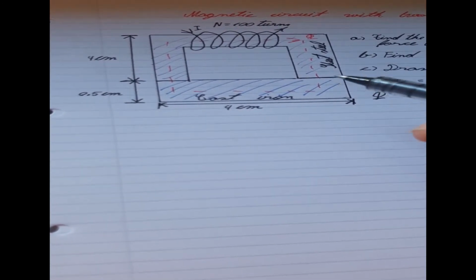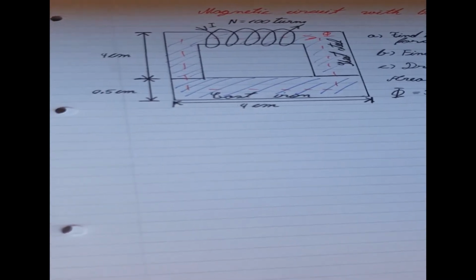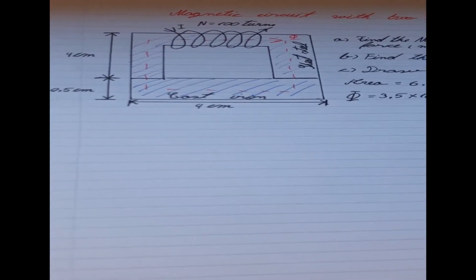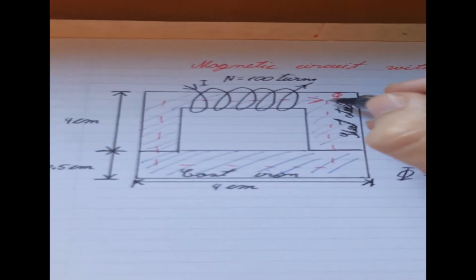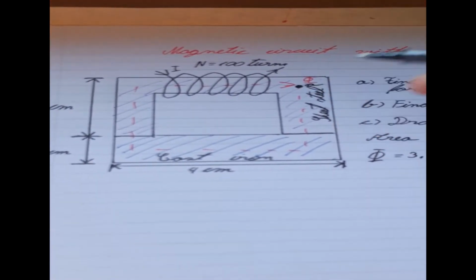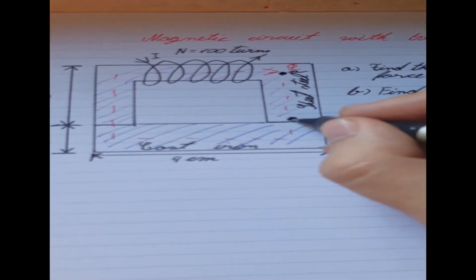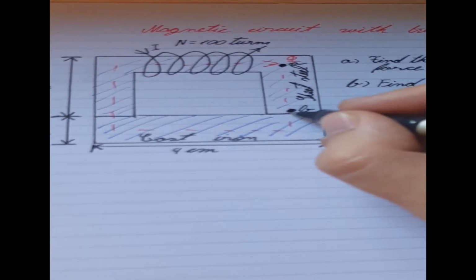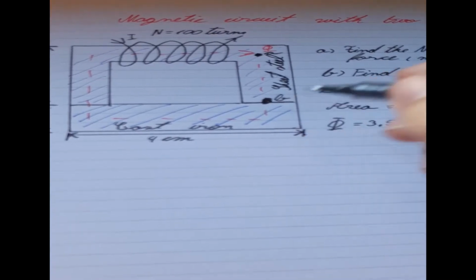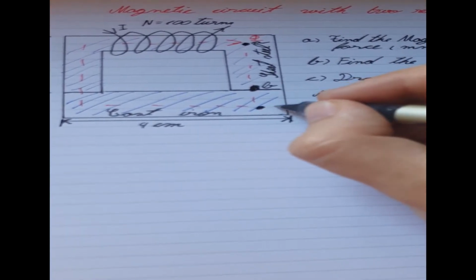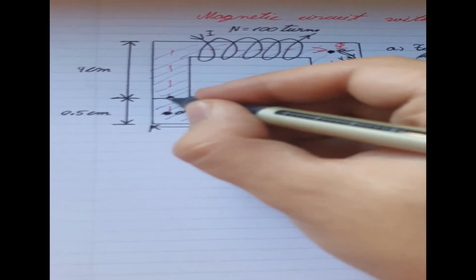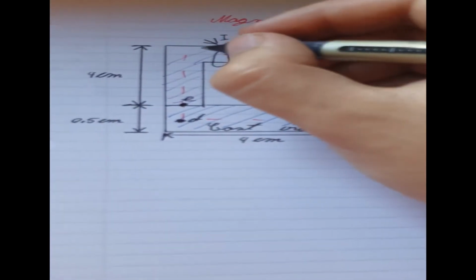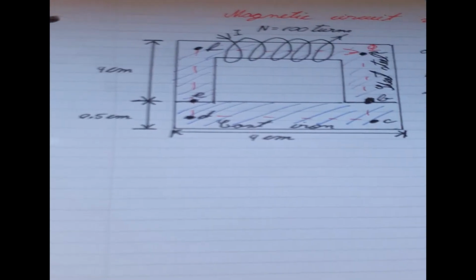Okay, so let's start by marking the points. We'll mark this corner as A, we'll mark this corner as B, which is basically the corner with the line here. We'll mark the down corner C, we'll mark this corner here D, we'll mark this one E, and we'll mark the last one as F. There you go.